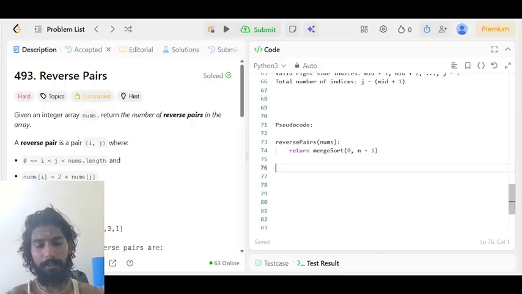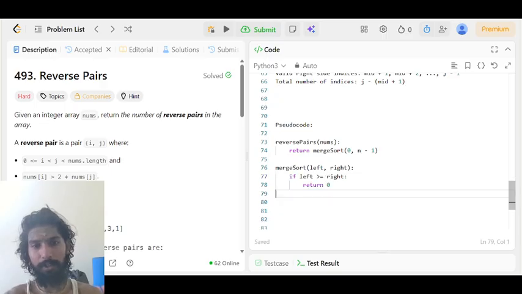Then we write the merge sort function. It takes two indices, left and right. We write the base case: if left is greater than or equal to right, we return 0. What we are returning is the count of the reverse pairs, and with a single element there cannot be any reverse pairs.